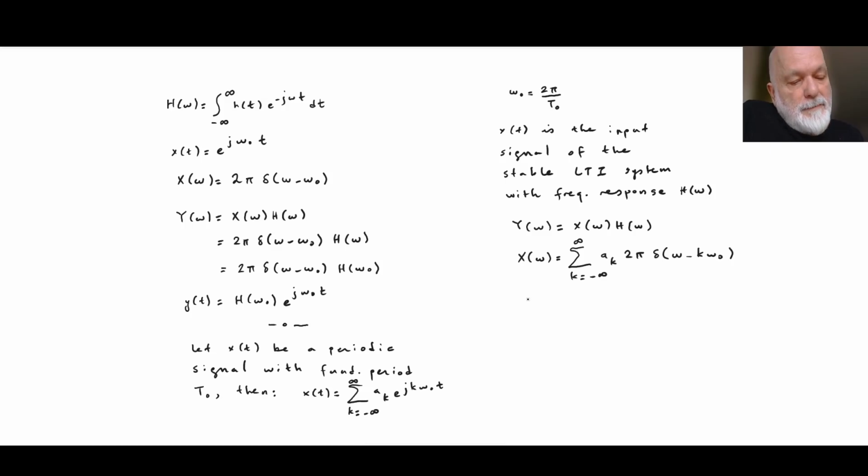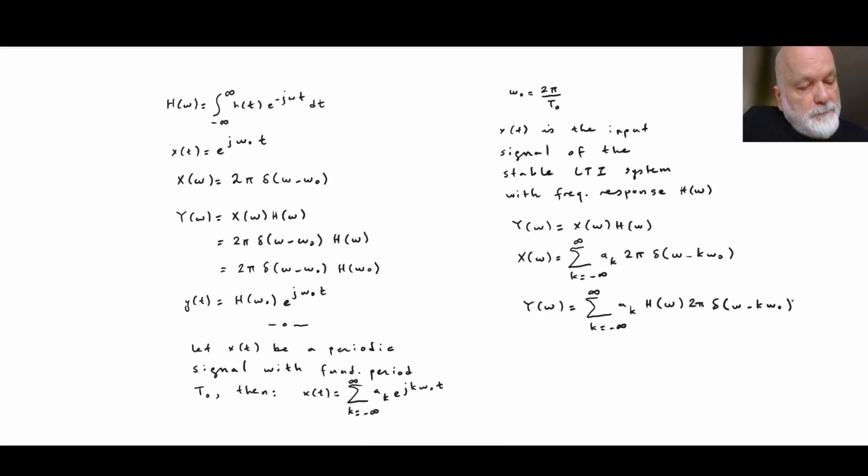Okay, and Y of omega is therefore equal to the sum over k from minus infinity to plus infinity of a k H of omega 2 pi delta of omega minus k omega 0.